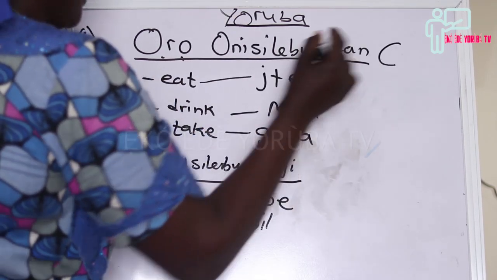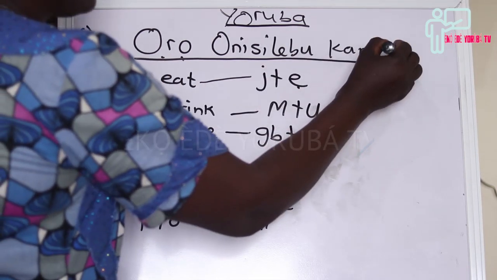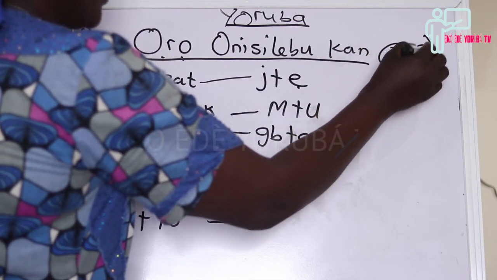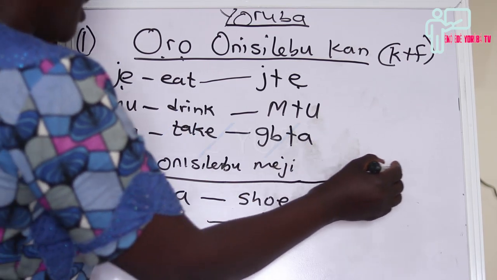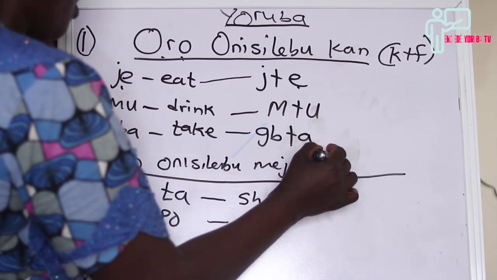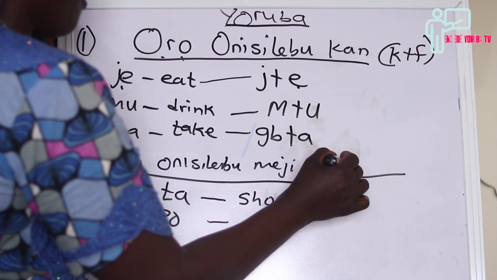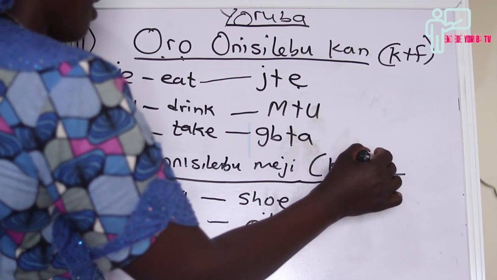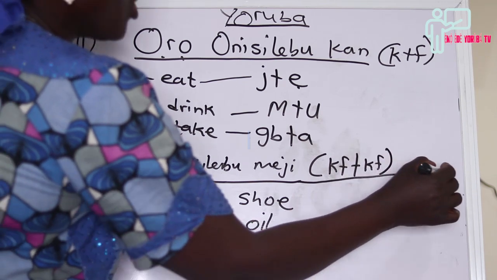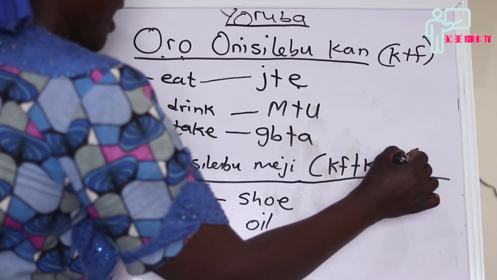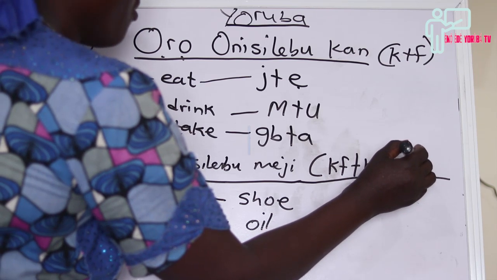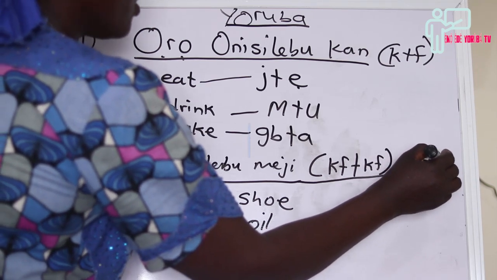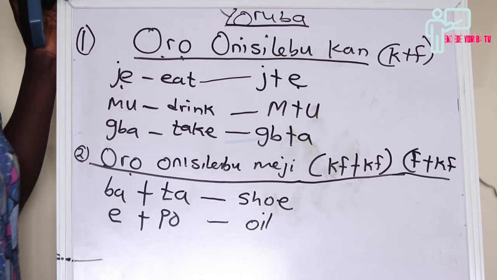Like this one now, I said consonant plus vowel. So this one now will be consonant plus vowel, consonant plus vowel, and it can also be consonant kan tó be vowel plus consonant and vowel.